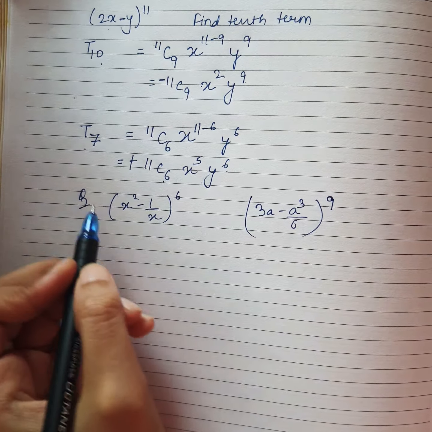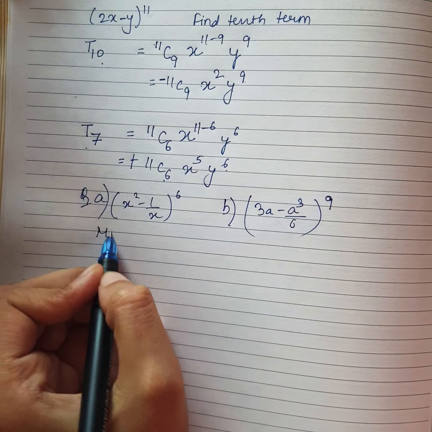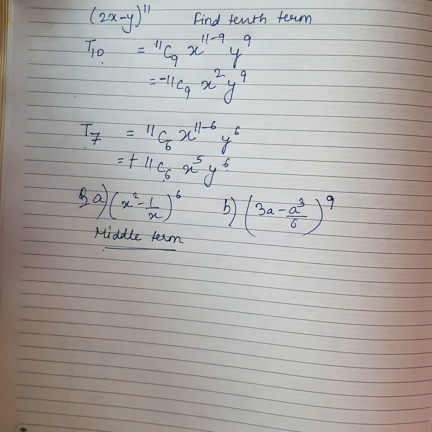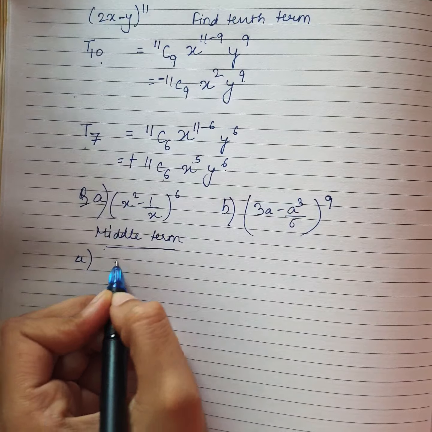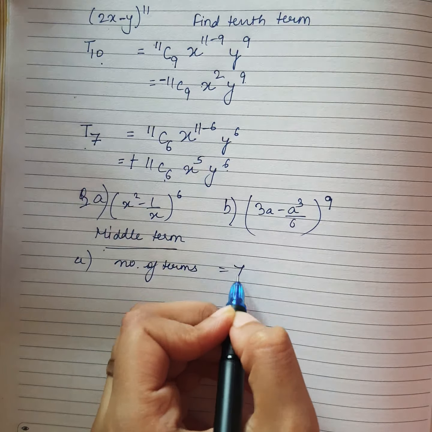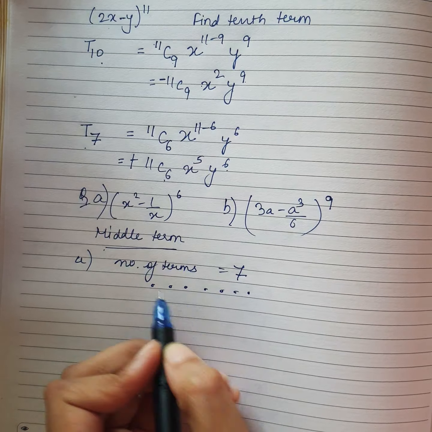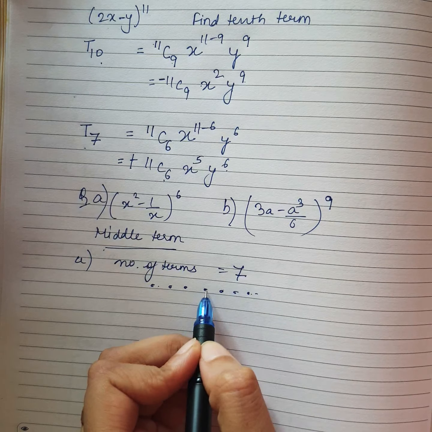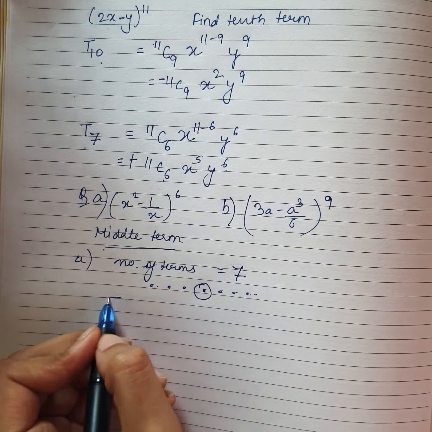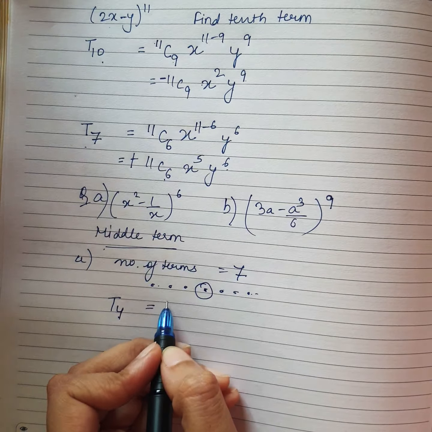Now here the question is, write the middle term. We need to write the middle term of the given expansion. Now in the first case, the number of terms is 6 plus 1, 7. So if I have 7 terms, roughly 1, 2, 3, 4, 5, 6, 7, the middle term will be this. The fourth term will be the middle term. So using the same formula, I can find the fourth term. Let us find out.